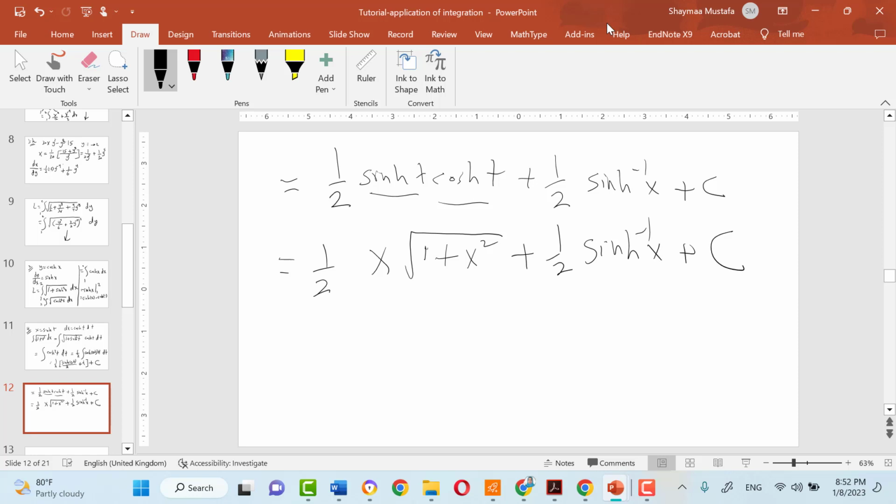So here we prove the first one, and from this one you can conclude that the integral of the square root of a square plus x square dx is equal to, if we take a outside, then in the integration I take a square as a common factor, so the square root of 1 plus x over a squared dx.